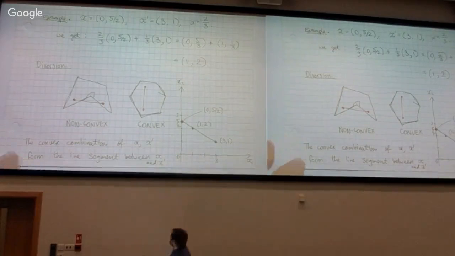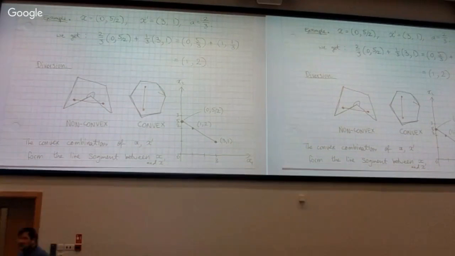If you pick your alpha to be 1, you get 0, 5 over 2.